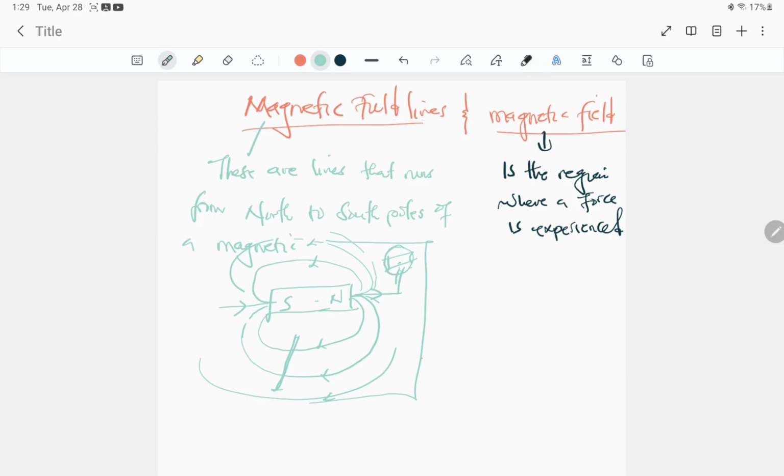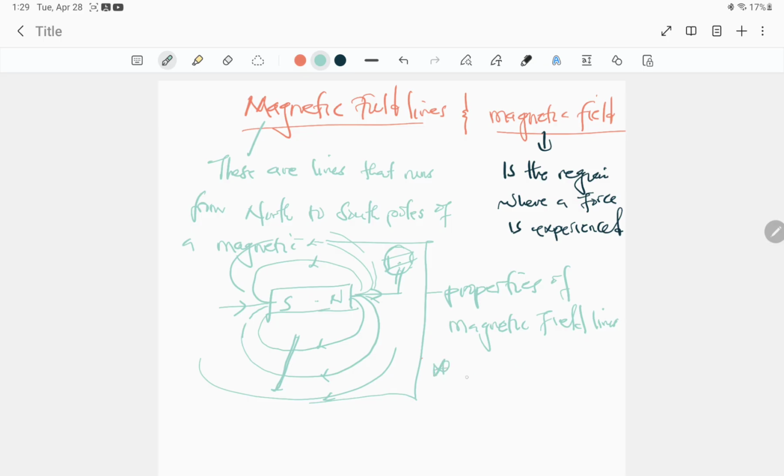Then the other aspect we can look at is the properties of magnetic field lines. So what are these properties?